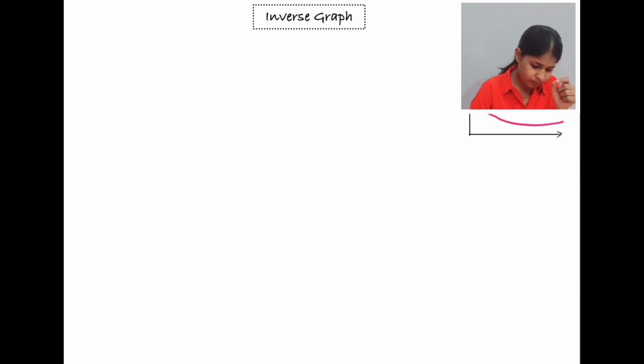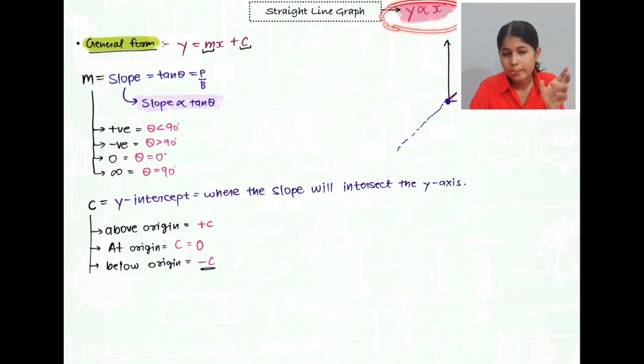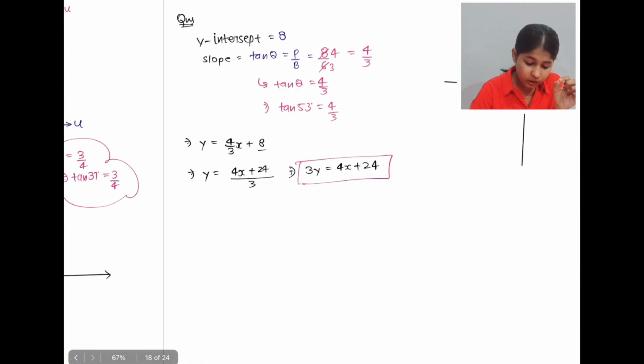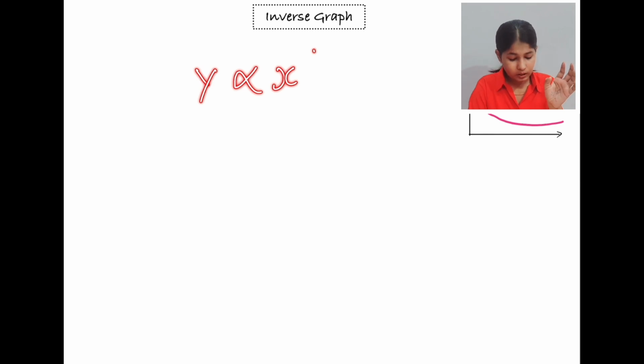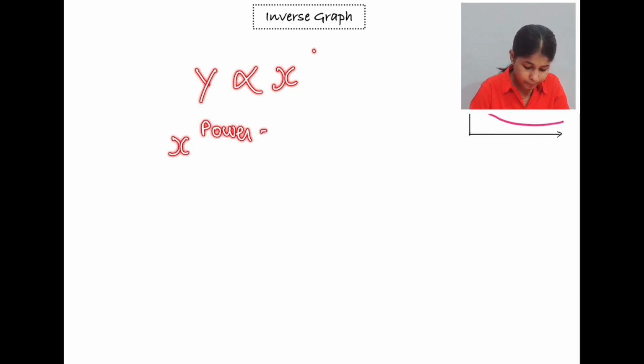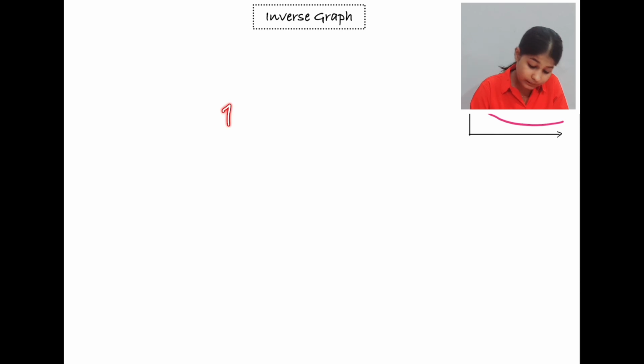Okay. As I told you in the straight line graph, y should be directly proportional to x, but the power of x should be equal to 1, not less than 1, not bigger than 1.